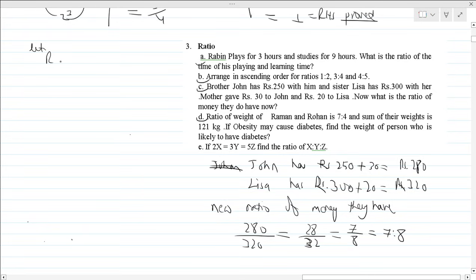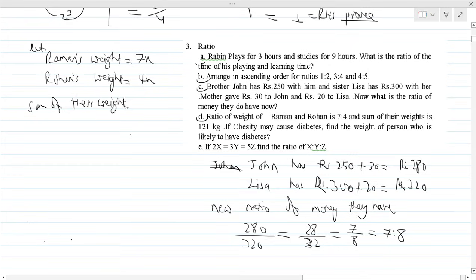So let Raman's weight be, as the 7 part is this, 7x, and Rohan's weight we suppose as 4x. After supposing that, the sum of their weights is given as 121 kg.